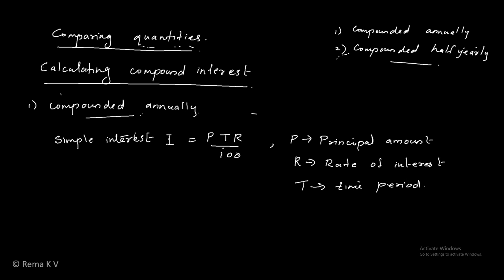Simple interest is calculated using the formula I is equal to PTR by 100.